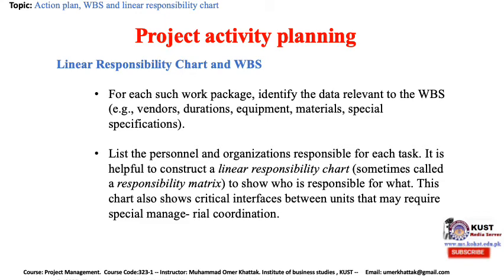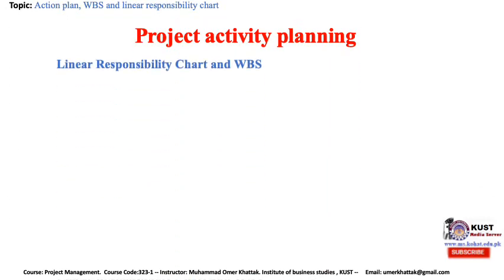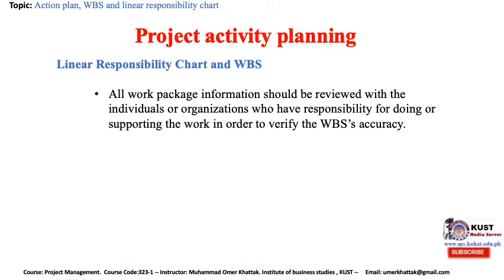This chart also shows critical interfaces between units that may require special managerial coordination. All work package information should be reviewed with the individuals or organizations who have responsibility for doing or supporting the work in order to verify the WBS accuracy.